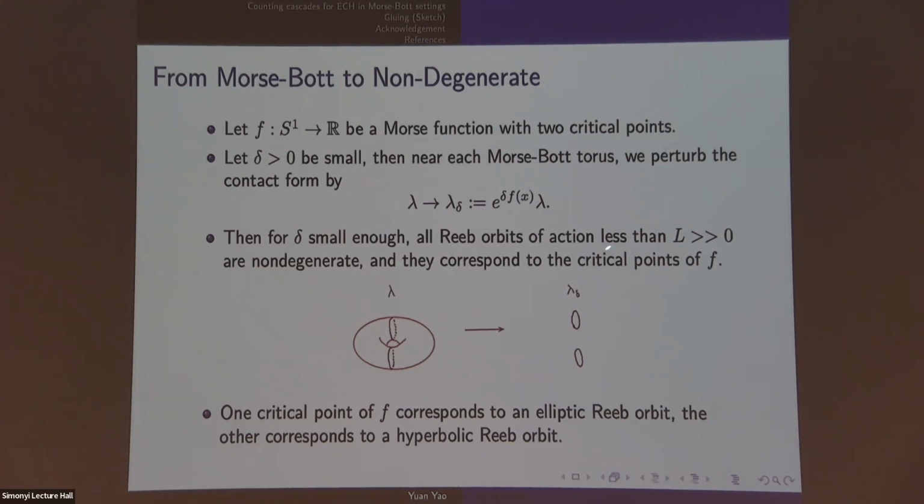So for delta small enough, all orbits of small enough action are non-degenerate, and they correspond to the critical points of f. So here's my Morse-Bott family, and these are the 2 Reeb orbits that correspond to the critical points of f. And after I perturb, they become 2 non-degenerate Reeb orbits. One of them is elliptic, and the other one is hyperbolic.